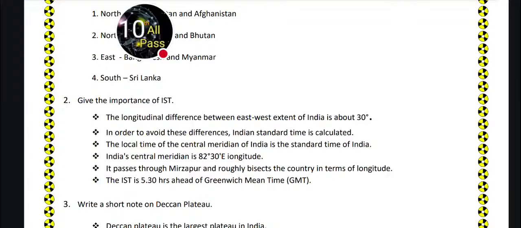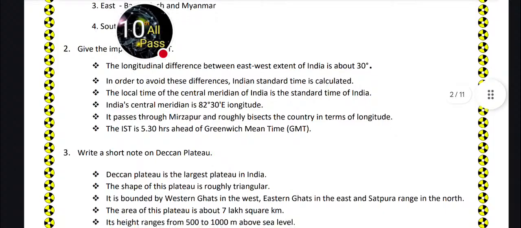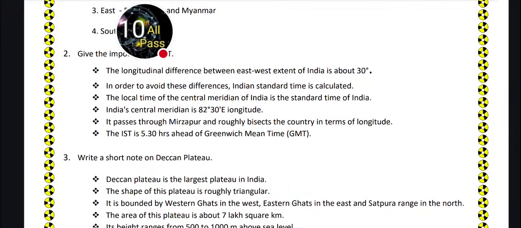Answer. The longitudinal difference between east-west extent of India is about 30 degrees. In order to avoid these differences, Indian Standard Time is calculated. The local time of the central meridian of India is the standard time of India.